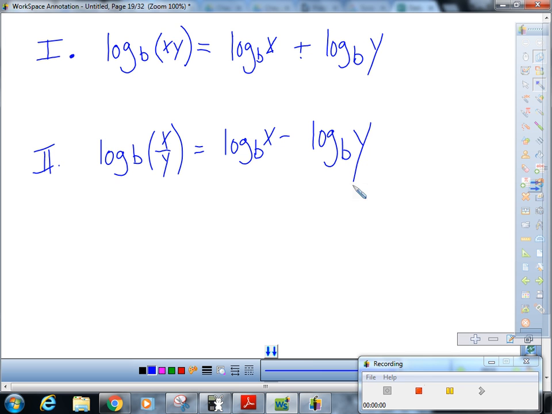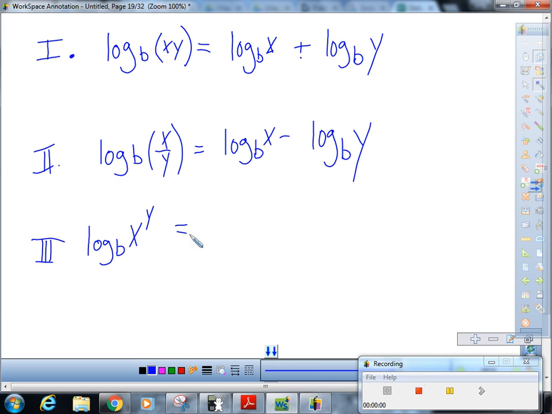Okay? And finally, if you're taking the log of a number to a certain power, well, I'm just curious if anyone would get this.